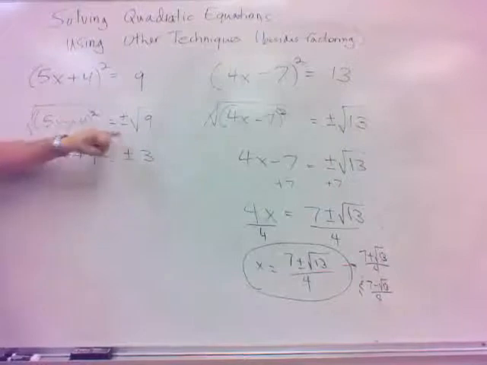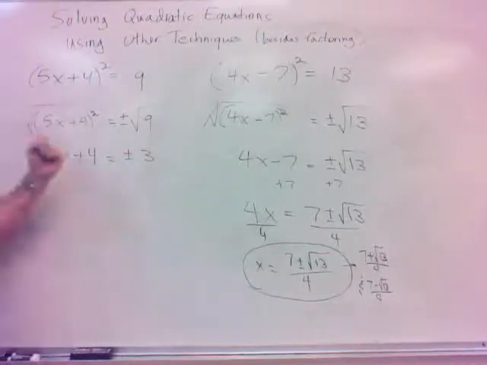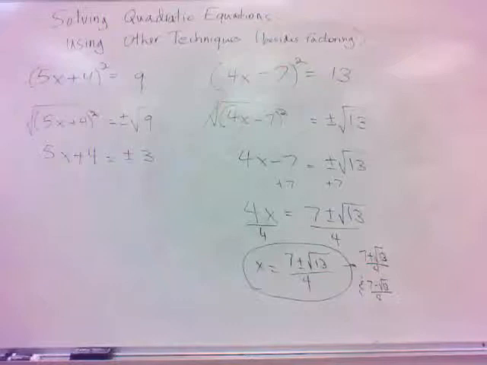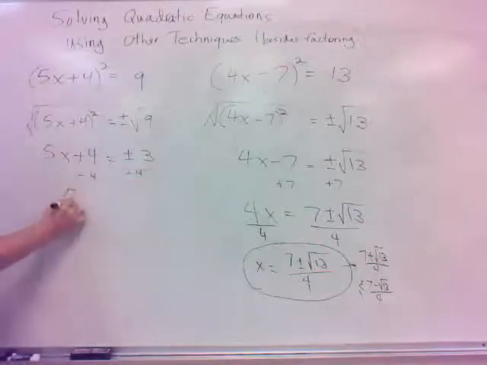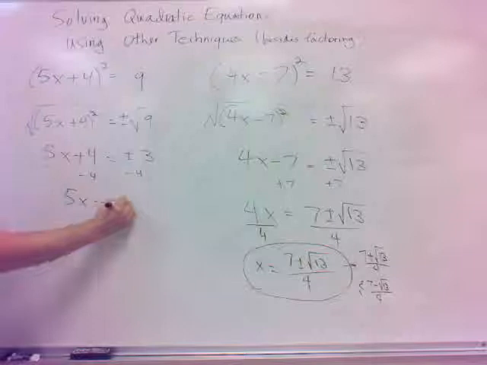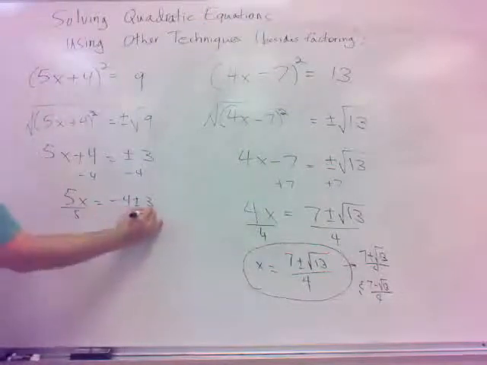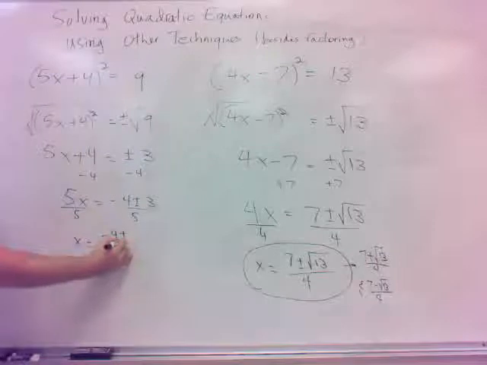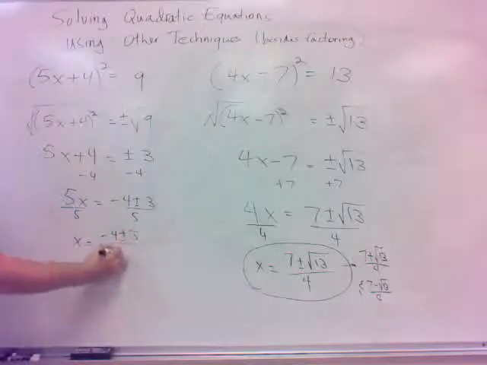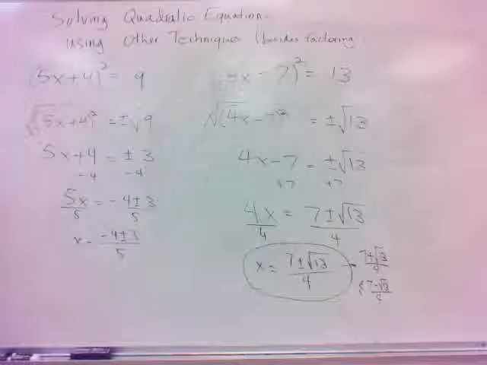Anything like any other square root, you want to simplify it if you can. All right, well, that being then plus or minus 3, I'm going to subtract 4. So you get 5x equals negative 4 plus or minus 3. Then divide by 5. So I get negative 4 plus or minus 3 over 5, which is a pretty good answer.